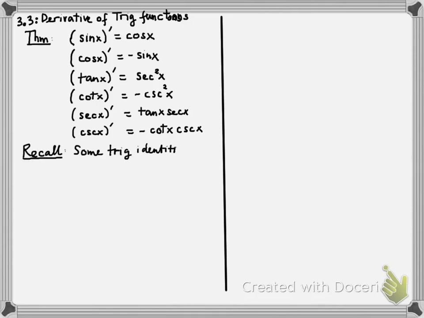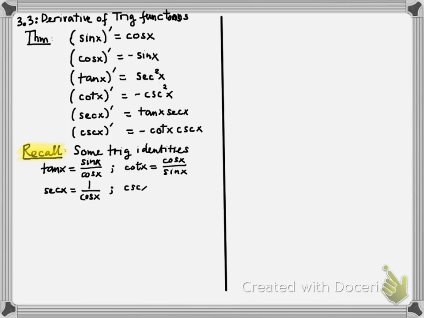Here are some trig identities that will be useful when you do homework for this section. These identities should be covered in trigonometry. We have these formulas to relate basic trig functions with each other.